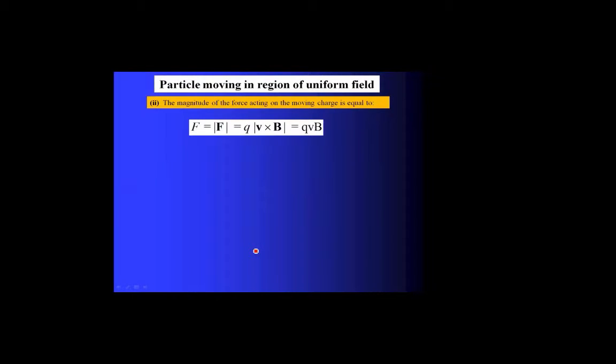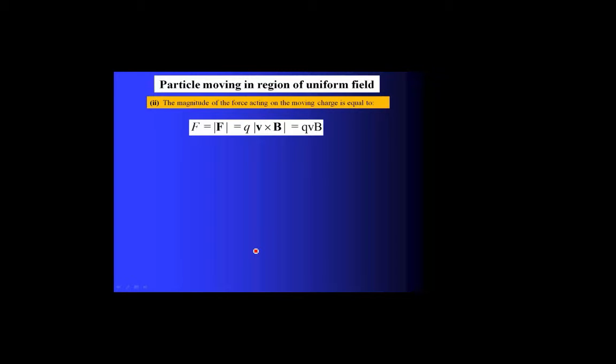So here we state it again: the vector product between V and B, V cross B, points upwards in the figure. And we got that by using the right-hand rule. If Q is positive, the force will be in the direction of V cross B, so therefore the charge of the particle is positive. Okay, so now let's look at the momentum, and so we'll look at the force again.